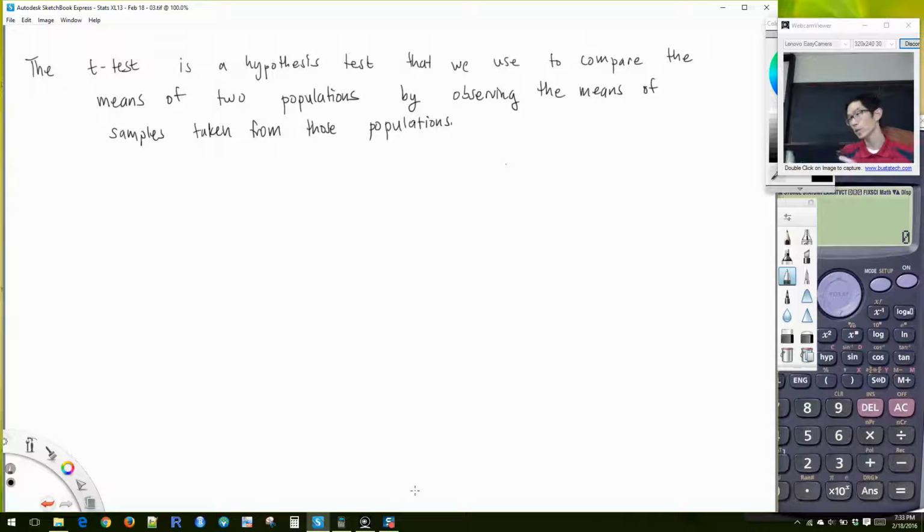So here, you could have population 1. For example, we could say population 1 will be women, and population 2 will be men.